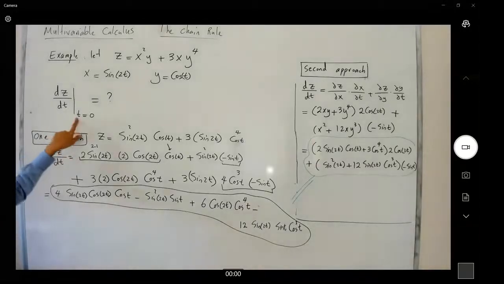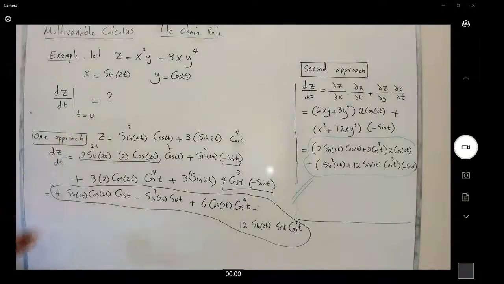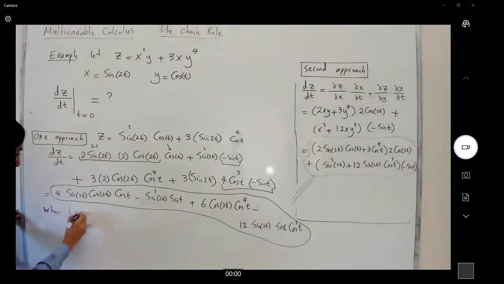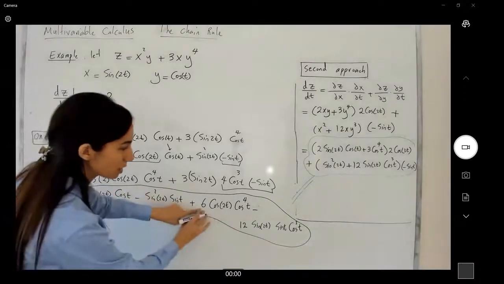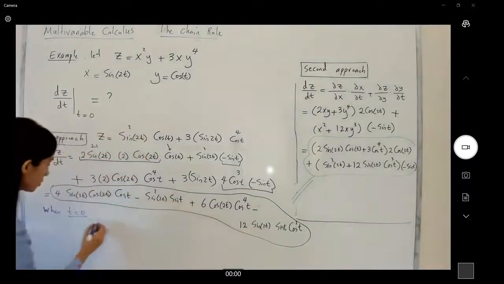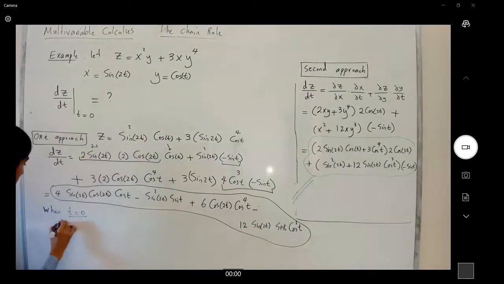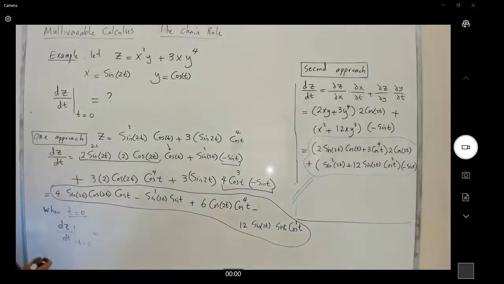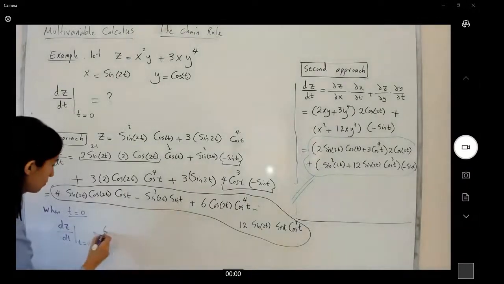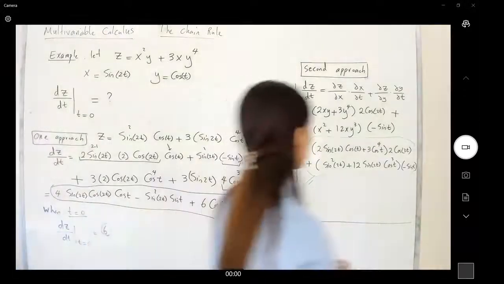The question says, what if t is equal to 0? If I plug in 0, when t is equal to 0, this is going to be 0. This is 0. I get 6, and here you have 0. So the derivative dz/dt at t equal to 0 is just 6. The same here.